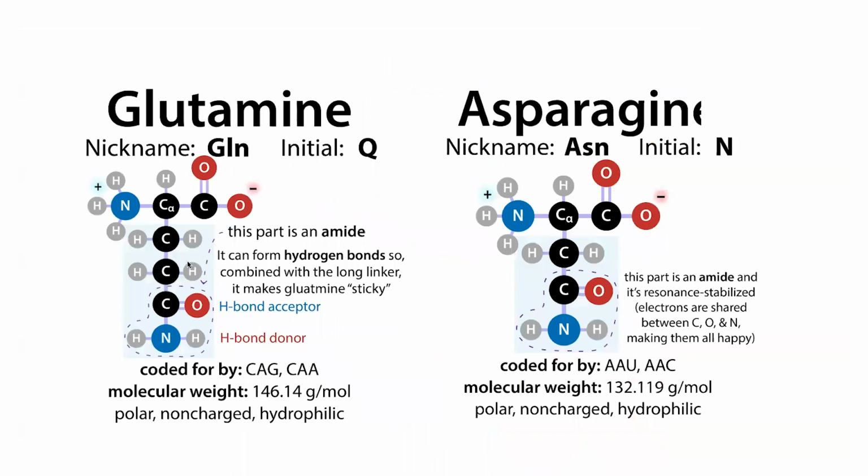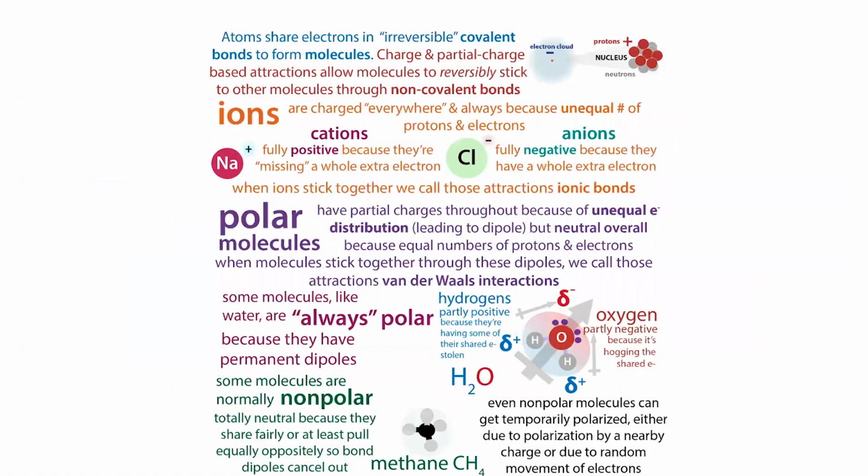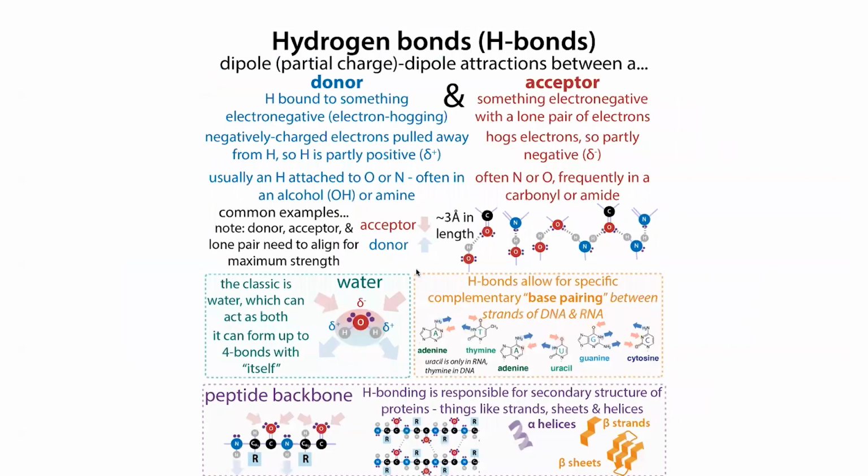Oxygen and nitrogen hog the electrons, pulling them away from the hydrogen. That leaves the hydrogen partly positive and the oxygen partly negative, allowing them to form these interactions. So we can get various types of partial charge interactions. Hydrogen bond is the special name we give when we have a hydrogen attached to something electronegative.